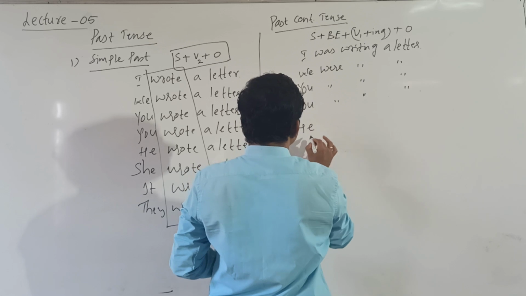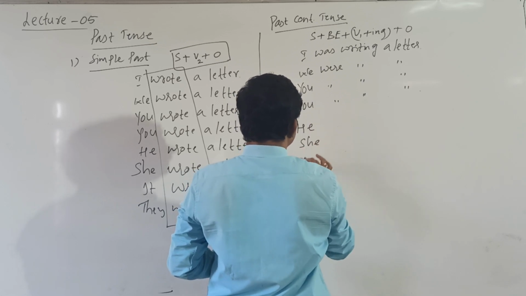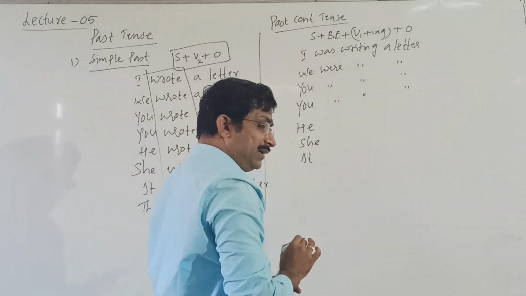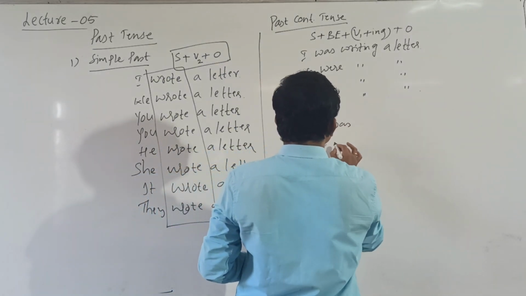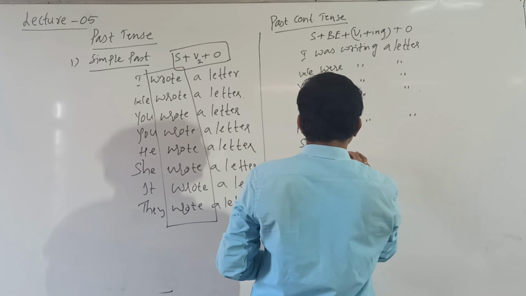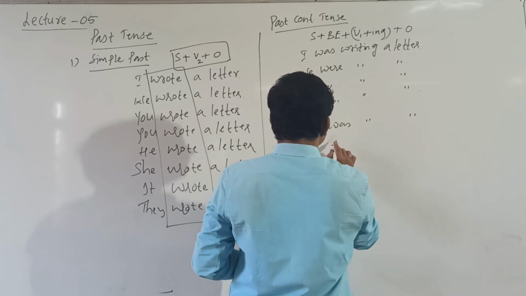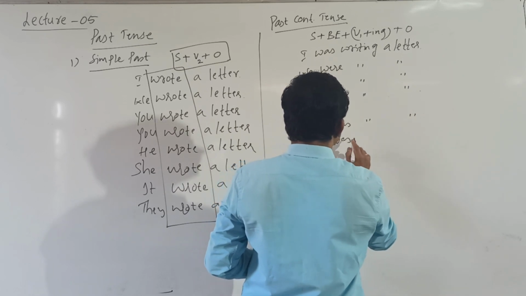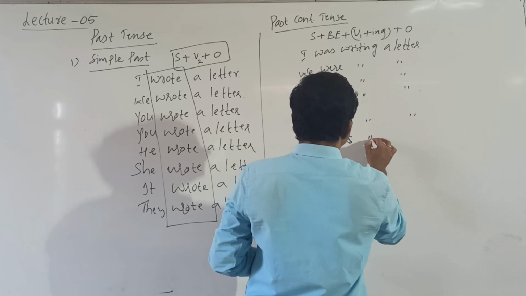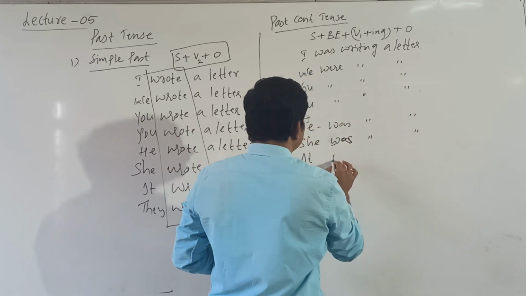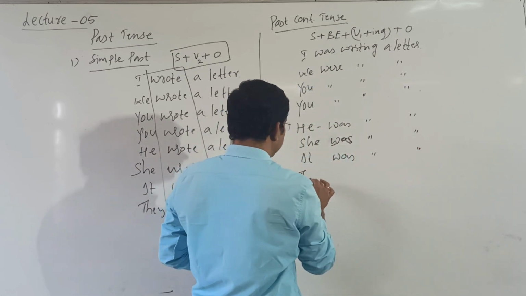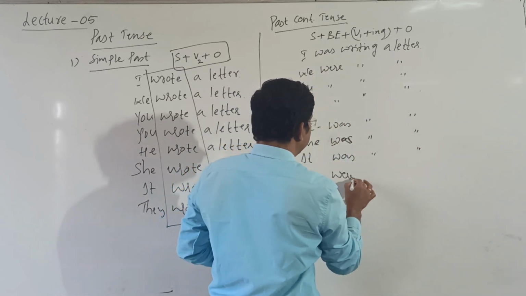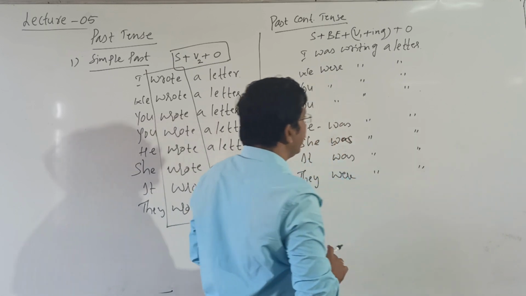Then he, she, it, third person singular: he was writing a letter. She was writing a letter, it was writing a letter, and they were writing a letter.